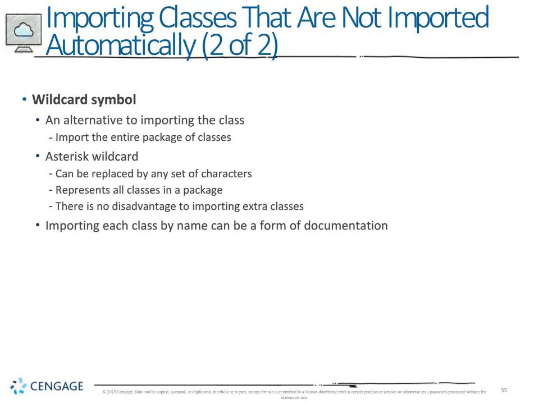You can use the asterisk as a wildcard symbol, which indicates that it can be replaced by any set of characters. For example, the following statement imports the LocalDate class and any other java.time classes as well.